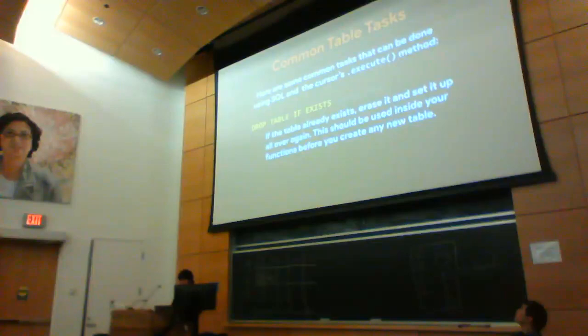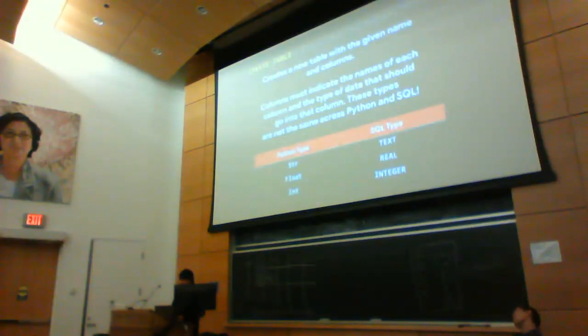And then once you've made sure that your table is not already in that database, you can create the table using CREATE TABLE. And the syntax for this is a little bit tricky. When you create a table, you want to make sure you give it a table name, and then indicate in parentheses what the column names are and what the type is that goes into each column.